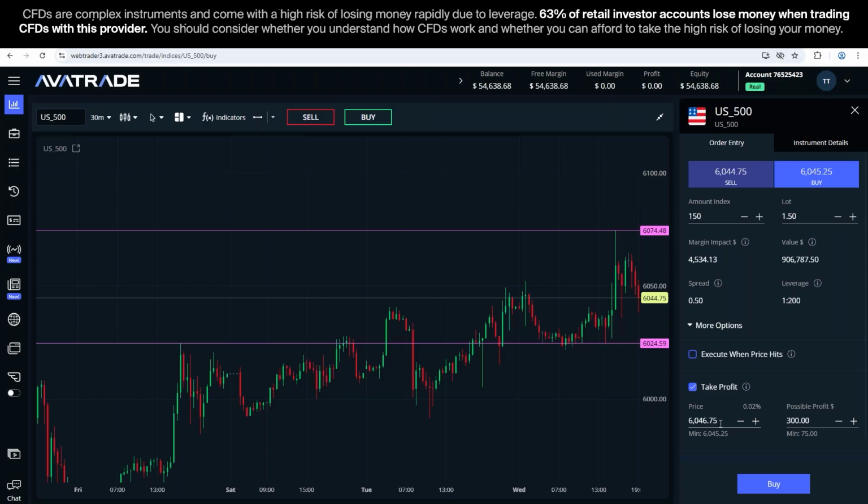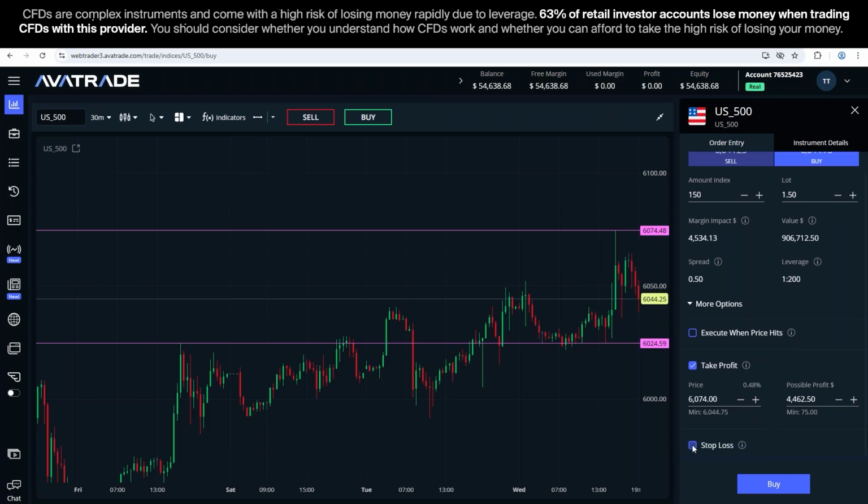So if I'm saying take profit at 6,074, 75, right in that range, so I don't have to break today's high to take profit. Stop loss would be below the support level, and let's draw another line. If it breaks that support, then maybe I'm out. So 6,013 would be below that support level.